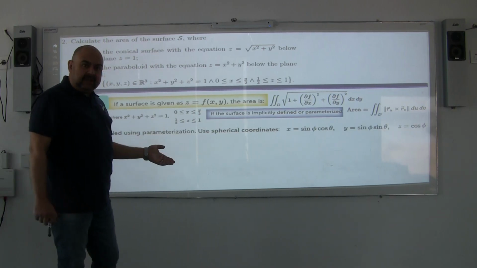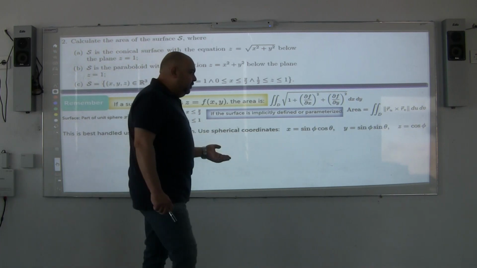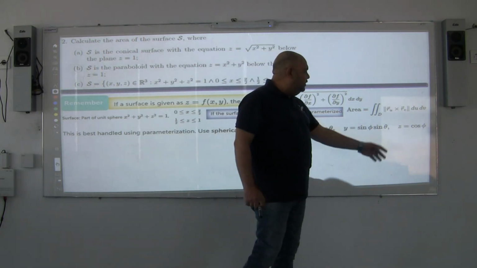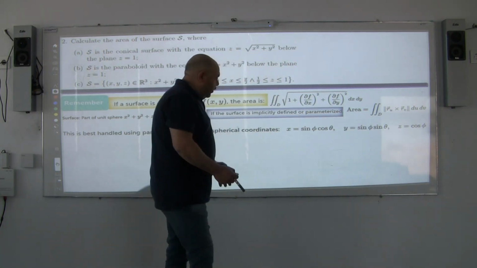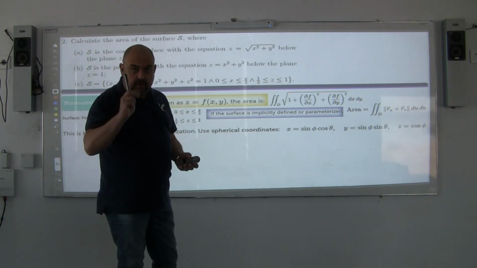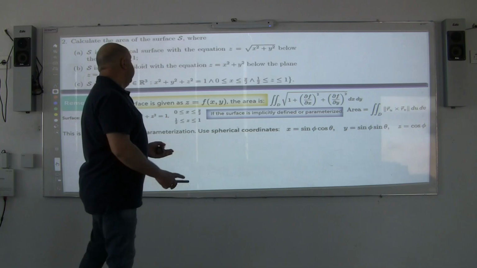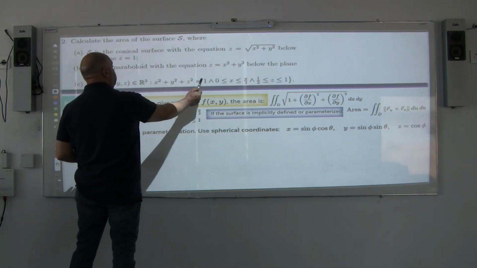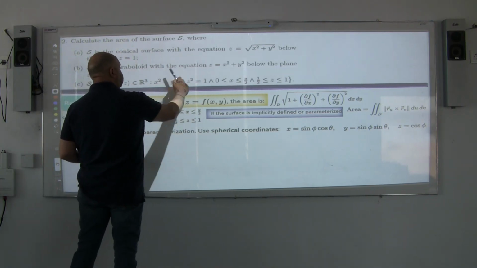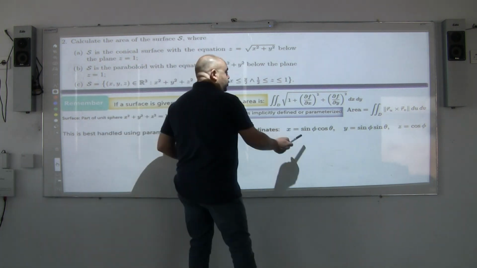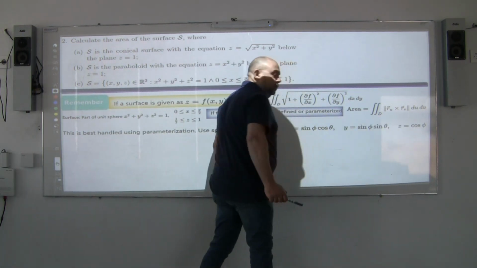So now I have x, which is sine phi cosine theta, y is sine phi sine theta, and z is cosine phi. Of course, r is equal to 1 since we are talking about a unit sphere. It's here, x squared plus y squared plus z squared equal to 1, so r squared equal to 1, so r is equal to 1. So r here is 1, r here is 1, r here is 1.